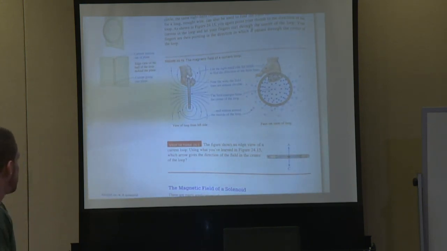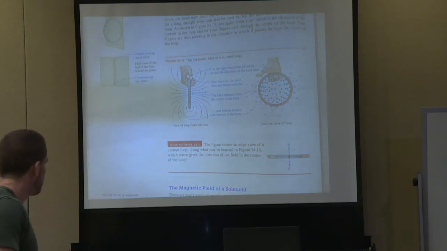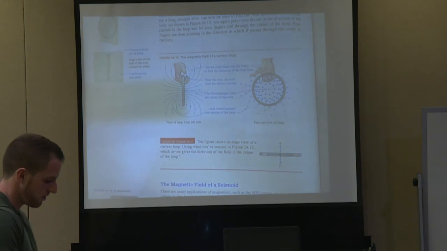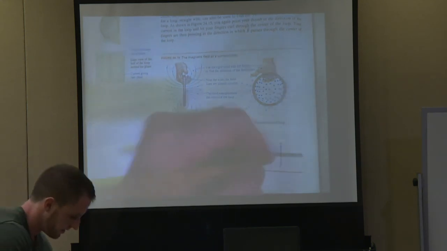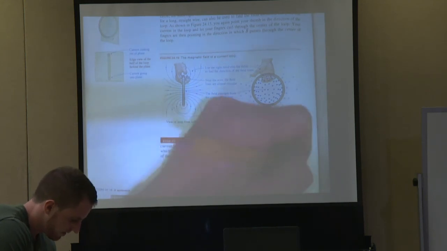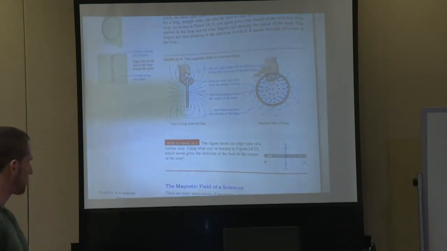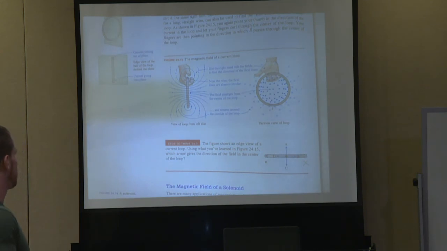So the figure shows an edge view of a current loop using what you've learned in figure 24.15, the figure right above. Which arrow gives the direction of the field in the center of the loop? So it's kind of hard to see, but this is a dot, and that is an X, and those circles right above.